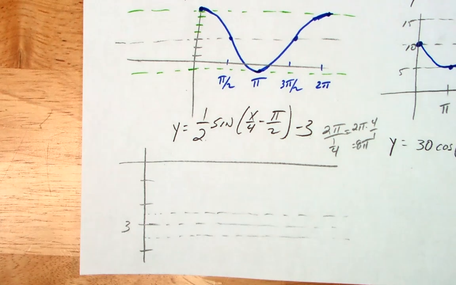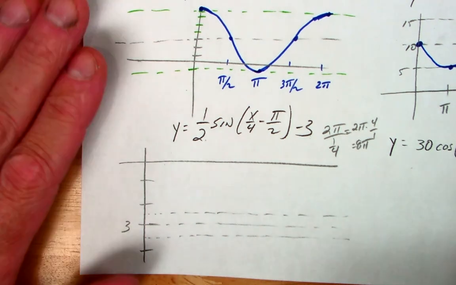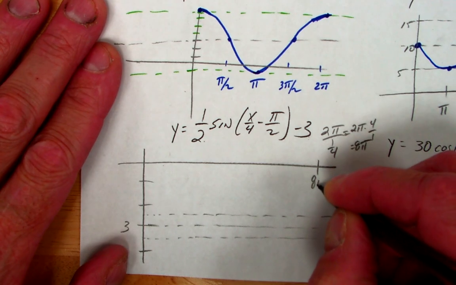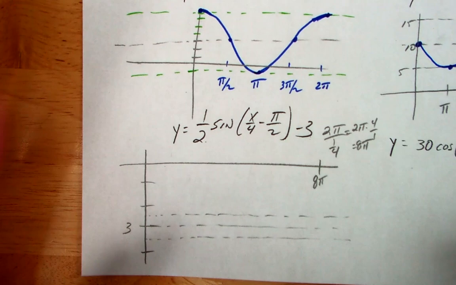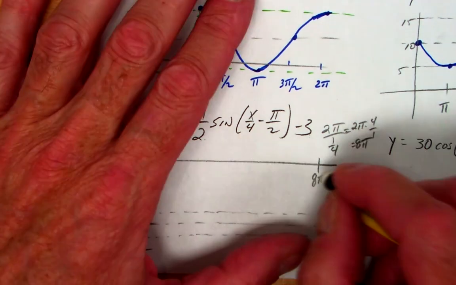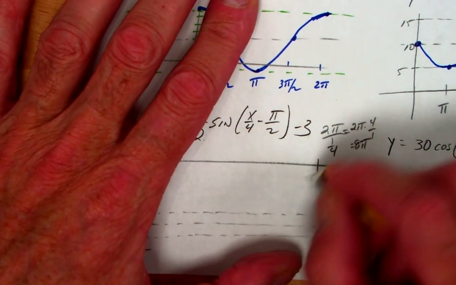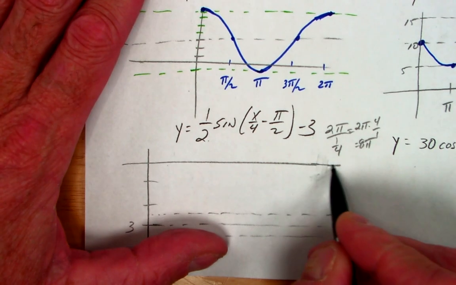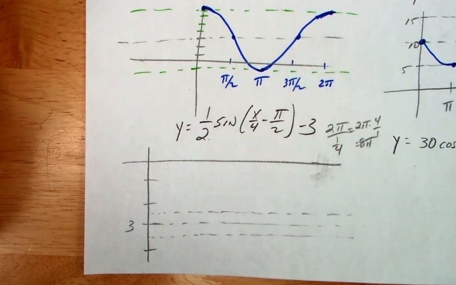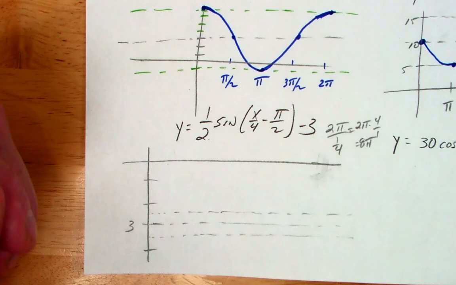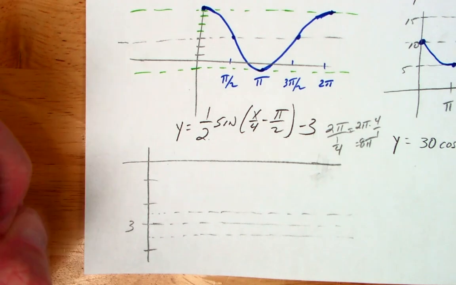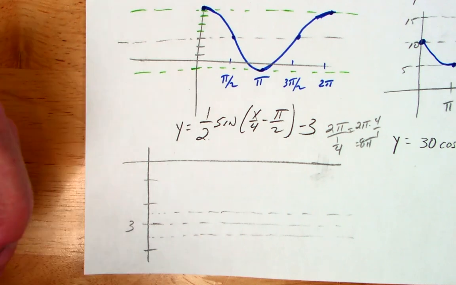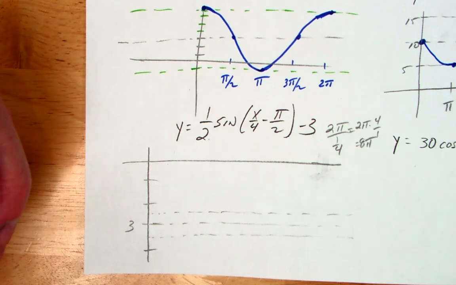So then what I can do if I want to, I can go ahead and say, let's just delineate this. This is 8 pi. Whoa, no. Time out. Let's not do that yet. What did I forget to do? I got to do my horizontal shift in addition to that. Okay? But from when it starts repeating itself, 8 pi.